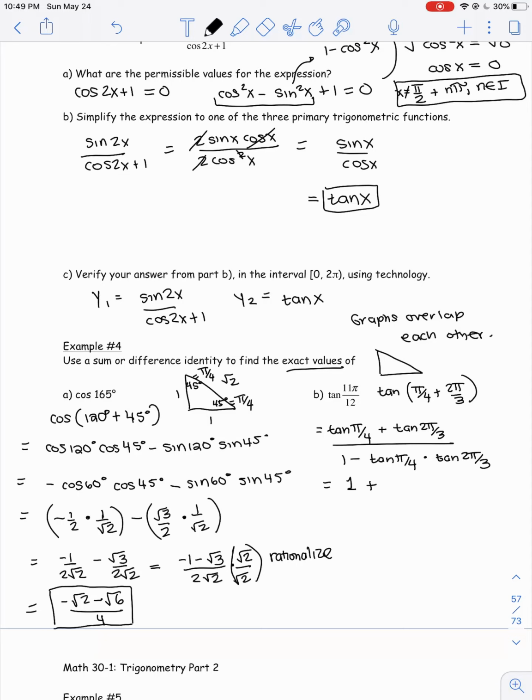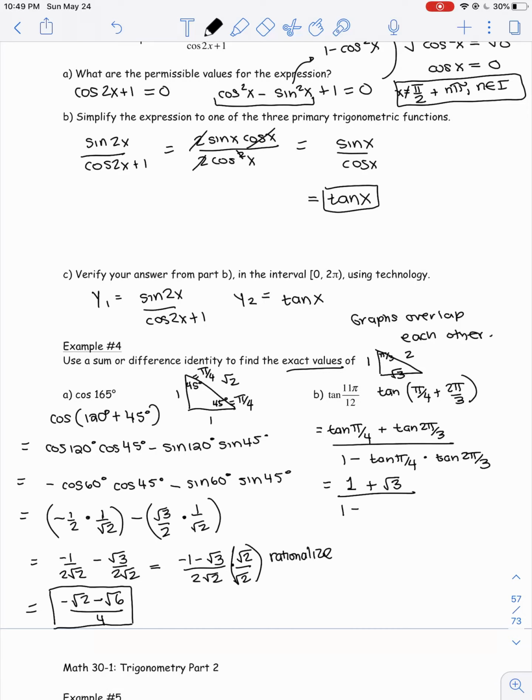Plus, if we're looking at the special triangle of pi over 3, well, pi over 3 is equal to 60 degrees. So pi over 3 is always opposite to root 3. Our hypotenuse is 2 and our adjacent side is 1. So if we're doing tan, we're doing opposite over adjacent, so that would just be root 3 over 1, which is root 3.